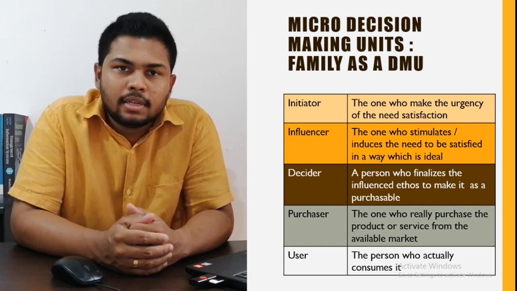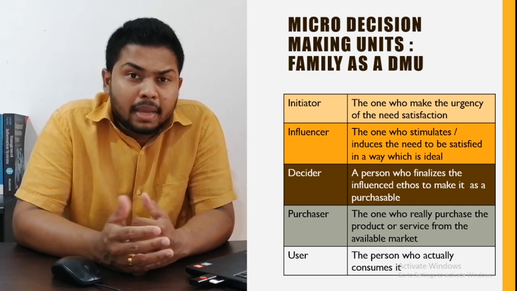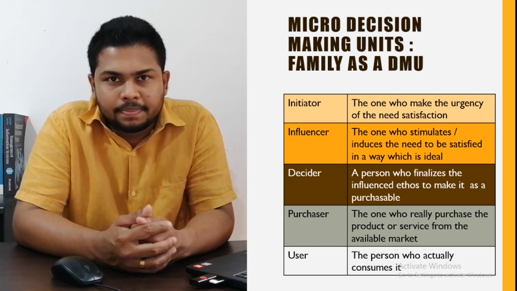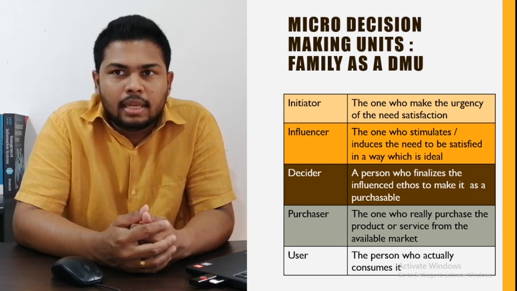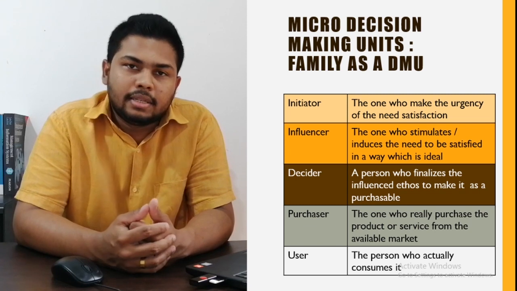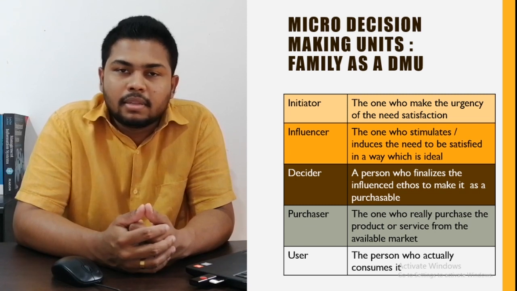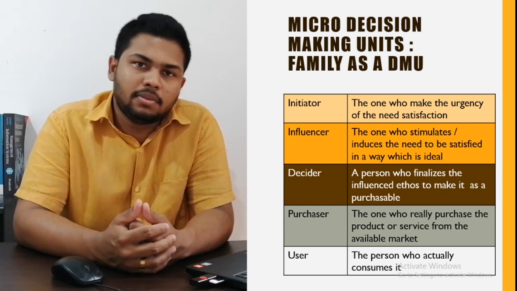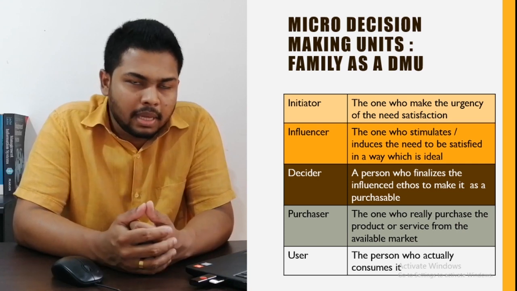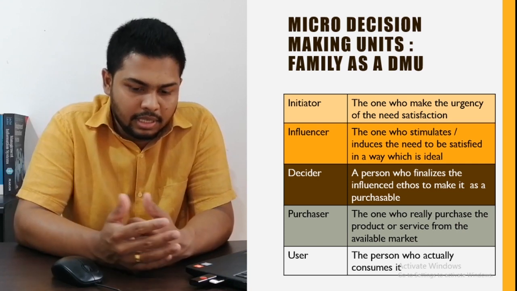The infant creates the urgency for the chocolate cake. To eat that, he or she needs the cake, right? But the infant cannot buy it from the market, no. Because of that, you need an influencer, the second factor.